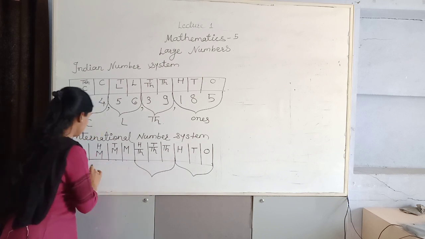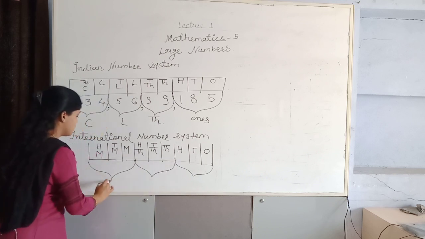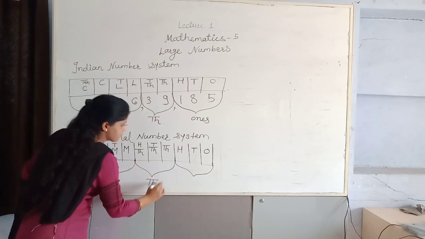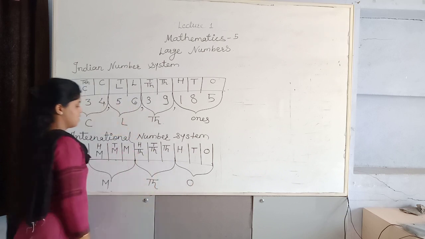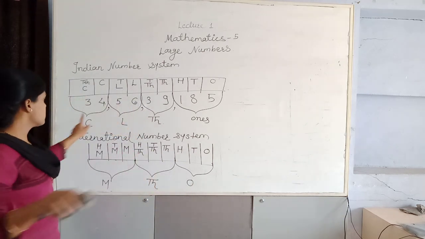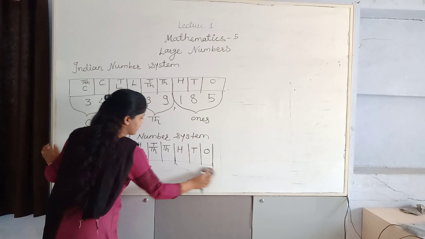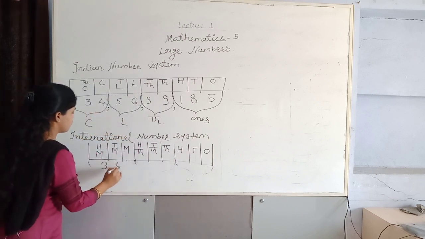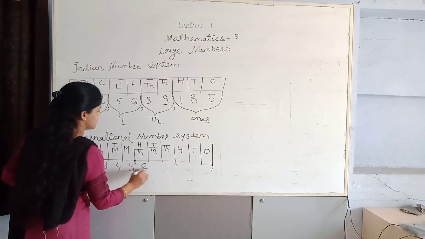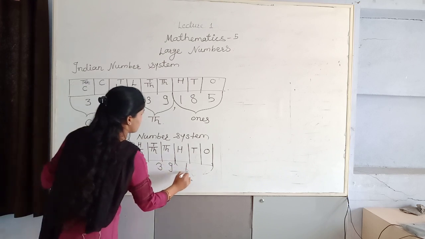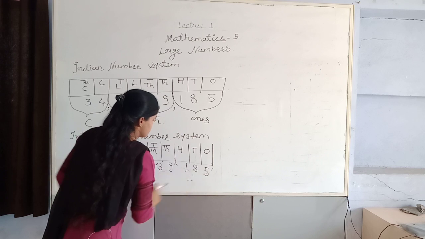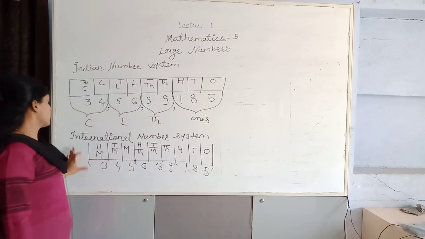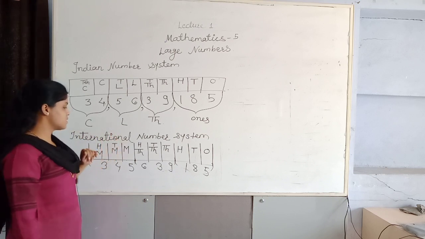Now we will see these periods. Now it is called the millions period, this is the thousands period, and this is the ones period. So I will write the same number here and see how to read it. See, 3, 4, 5, 6, 3, 9, 1, 8, 5. Same number I have written here, but how to read this number in the international number system we will see.